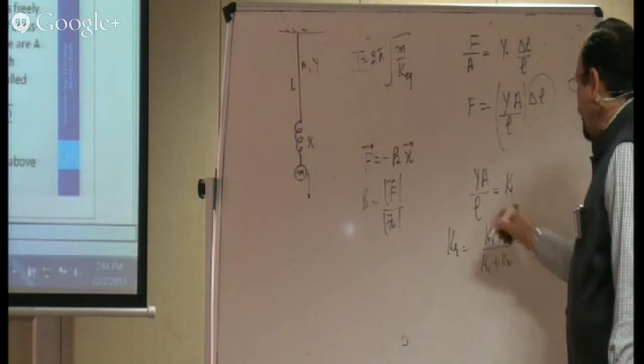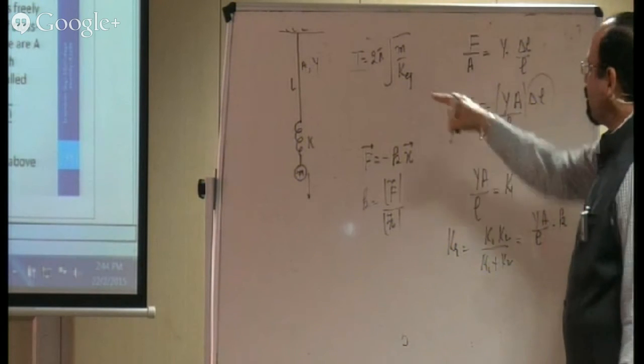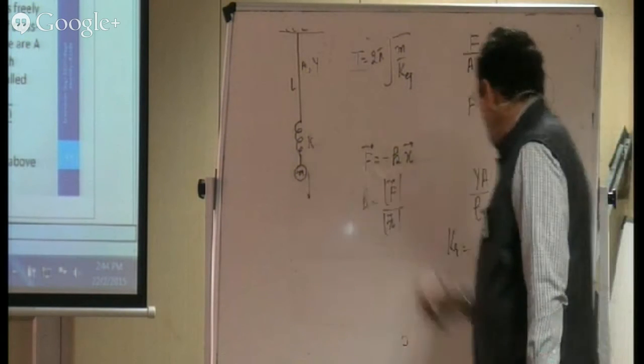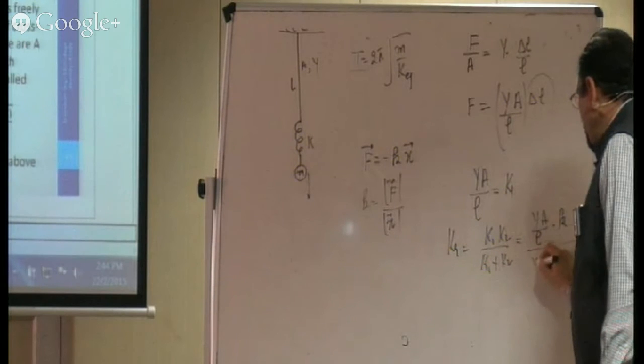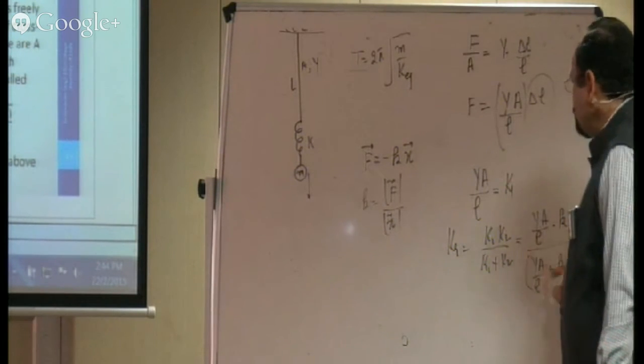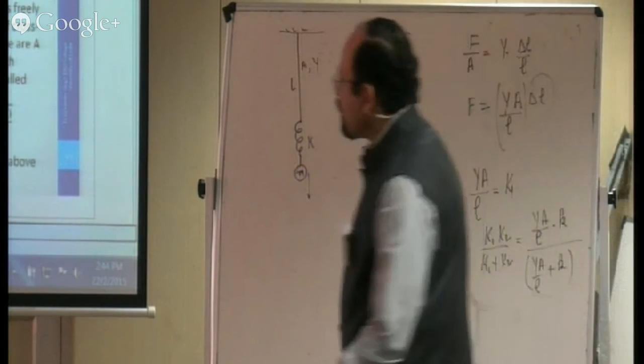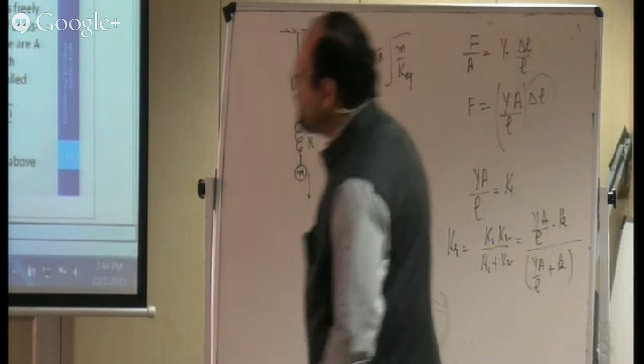For the wire, I have YA by L, into K, the spring constant of the spring, divided by YA by L plus K. You calculate the K equivalent and put it in your formula, and your answer in this case will come out to be B.